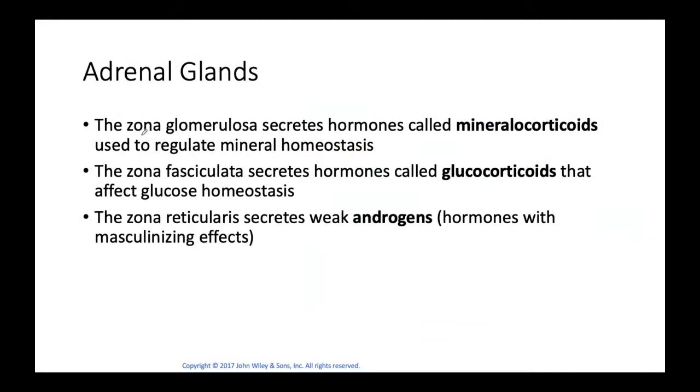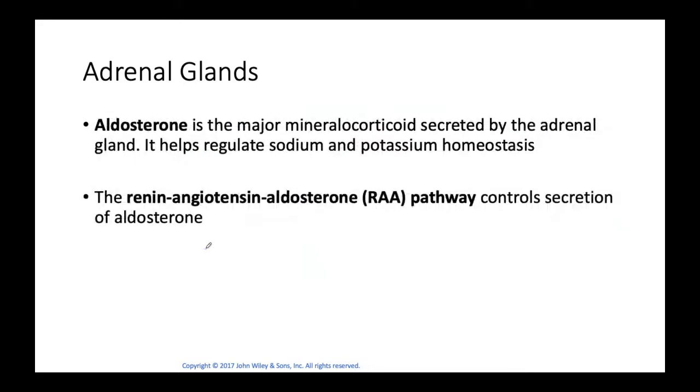So the zona glomerulosa is the mineral corticoids, primarily aldosterone. The zona fasciculata, the glucocorticoid, primarily cortisol, cortisone, and corticosterone, but cortisol is the biggie. And then the zona reticularis, which is the androgen hormone that's going to have its masculinizing effect, such as testosterone.